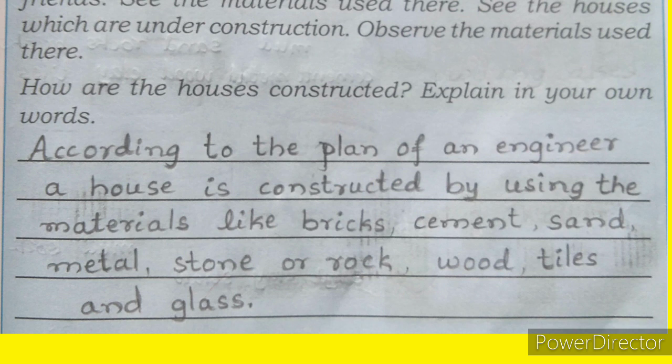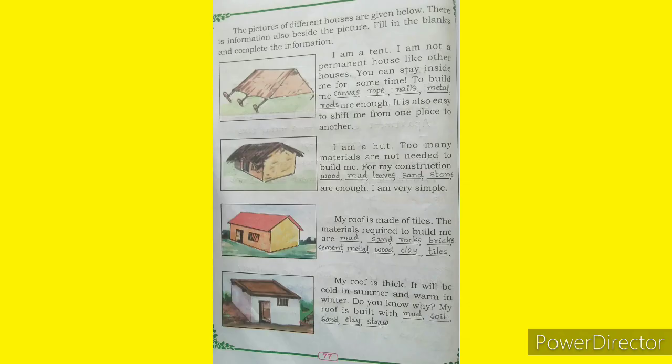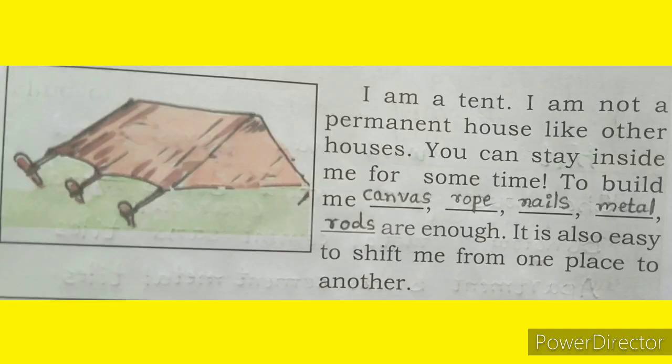Okay. Next, on page number 77, the pictures of different houses are given here, children, and there is information also beside the picture. So now you have to fill in the blanks and complete the information. First one is tent. I am a tent.